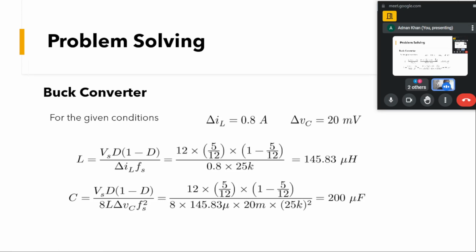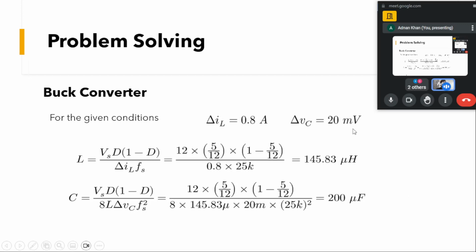To meet the conditions of delta IL equal to 0.8 amps and delta VC of 20 millivolts at the switching frequency of 25 kilohertz, we need an L value of around 145 microhenry and a capacitor value of 200 microfarad.